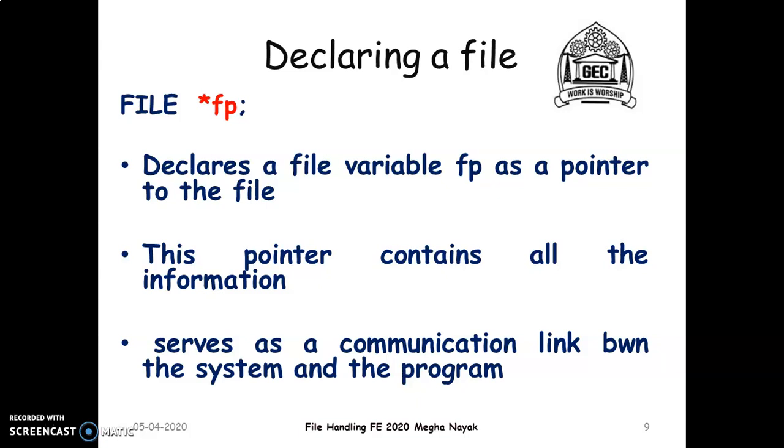a pointer to the file, and this pointer contains all the information which serves as a communication link between the system, that is your computer system, and your C program. Try to understand that you have a C program which you are running on an IDE. You're trying to open a file, could be a Word file or a text file, on your computer.